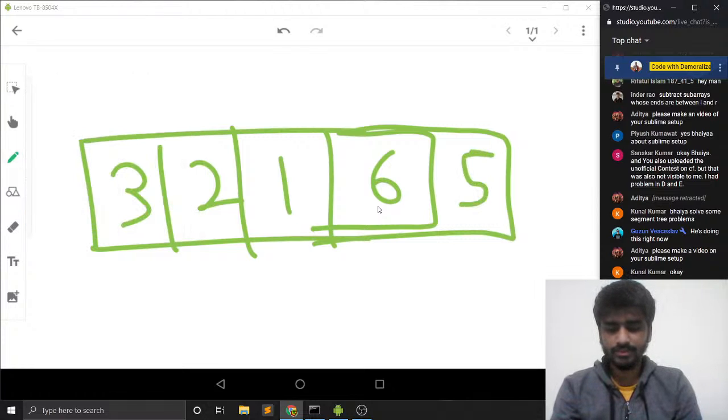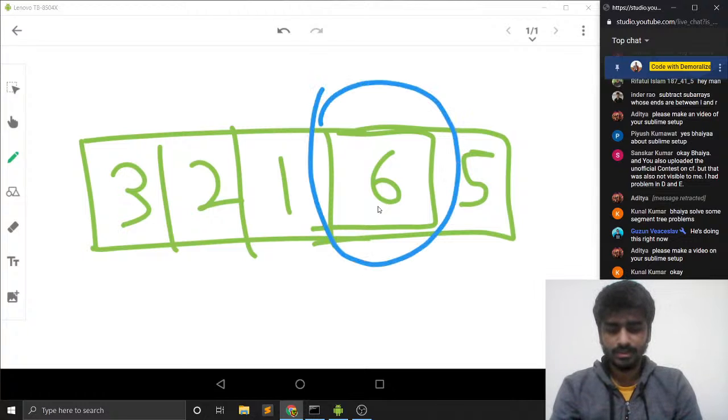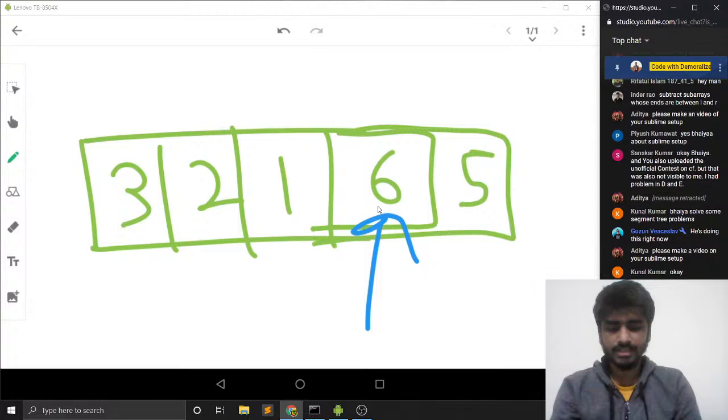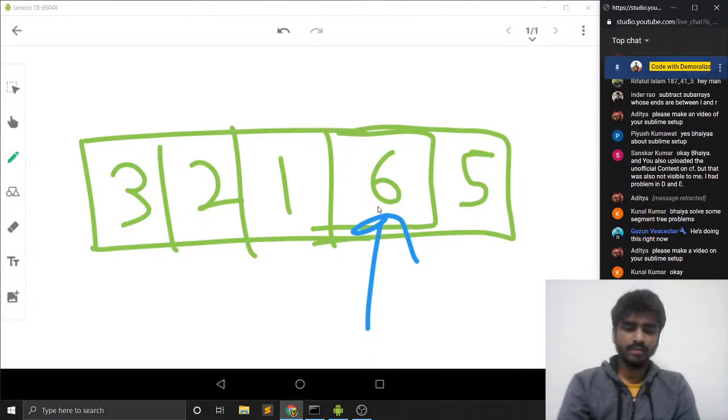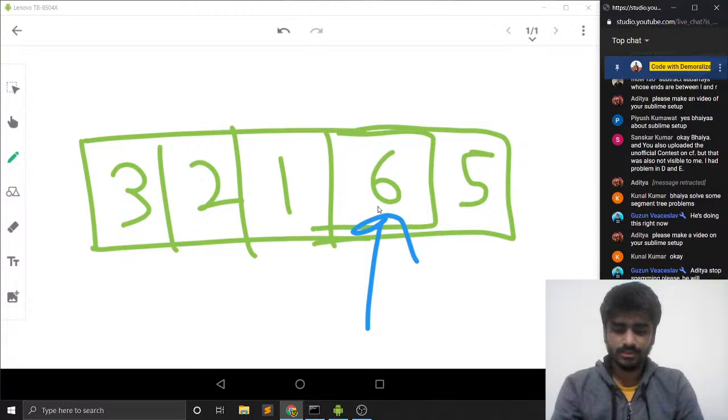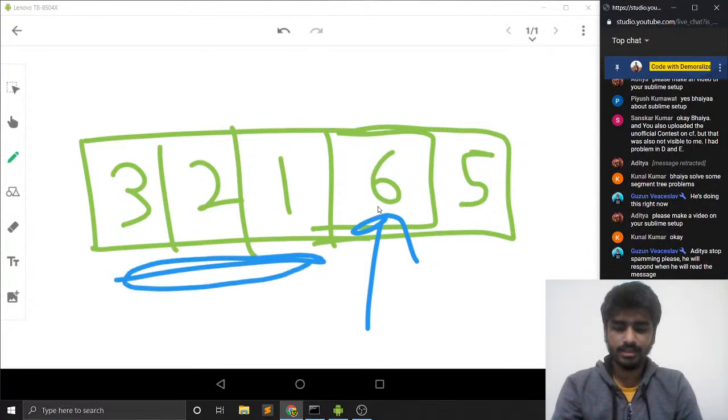So let's try to solve it using our algorithm. First, we will pick the 6, okay, and say this is the maximum. Now, we're gonna find the element that will increase it. So here we have 3 elements, I think, because this one will impart a bit to here.